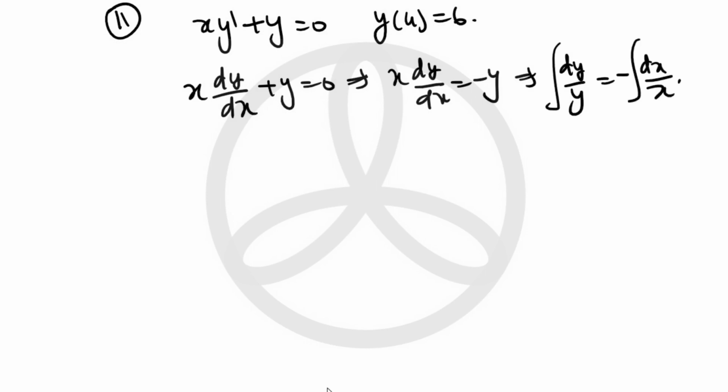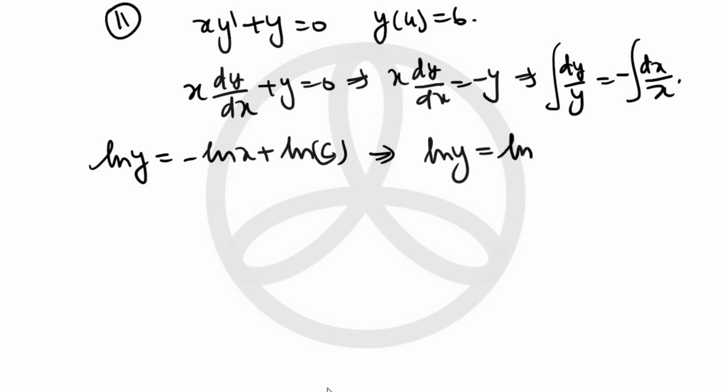Then we apply integration on both the sides, we get ln y = -ln x + a constant of integration, say ln c, and this gives us ln y = ln x to the power -1 + ln c, and this will be y = c/x.